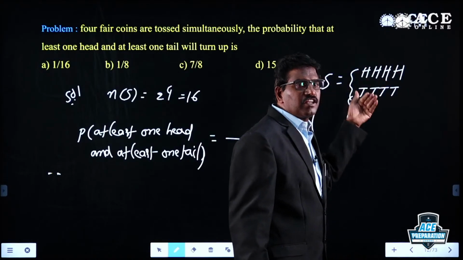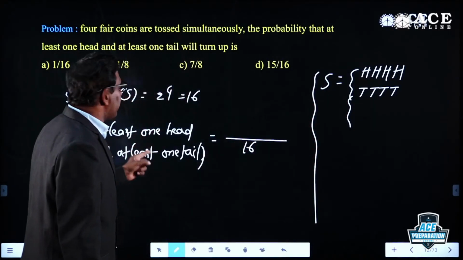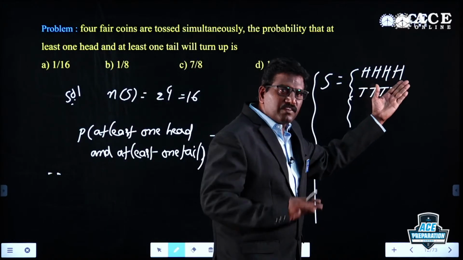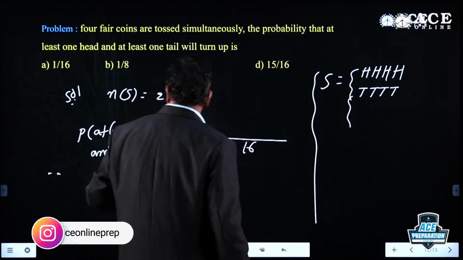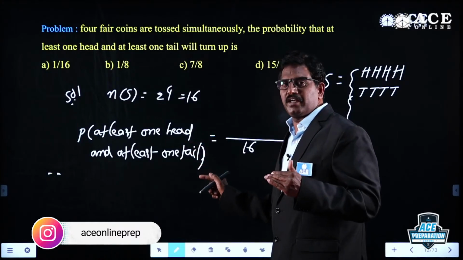All heads, is it a favorable case? Definitely it is not a favorable case. At least one head and at least one tail is required, but here no tail appears. So this is not our favorable case. In each and every favorable case you have to observe both head and tail combination.